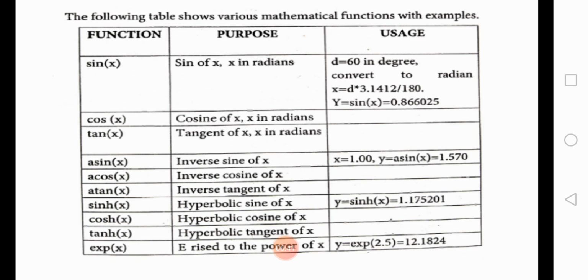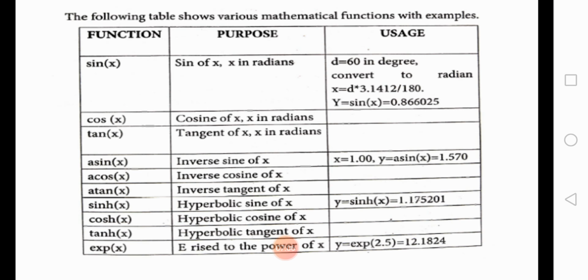The following table shows various mathematical functions with an example: function, purpose, and usage. Sin of x, x in radians. For example, d equals 60 in degrees, convert to radians, x equals d star 3.1412 divided by 180, y equals sin of x equals 0.866025. Cos of x, cosine of x, x in radians, same thing.